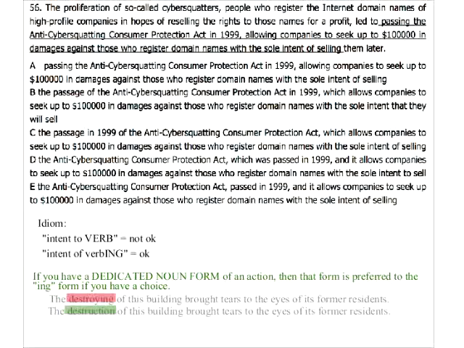If there's no dedicated noun form, then the -ing is fine.